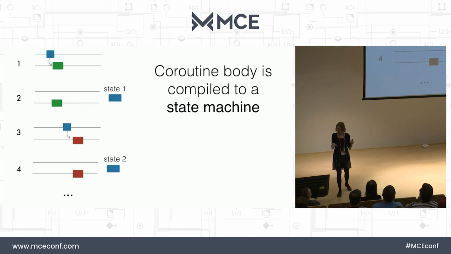Under the hood, the coroutine body is compiled to a state machine, so it's convenient to think about it like this. You have the first coroutine, and it can be suspended. When we suspend it, we put it away, and that will be the first state on which it's suspended. Then we return it. Then the second await function or another suspend function suspends it, and it's the second state.